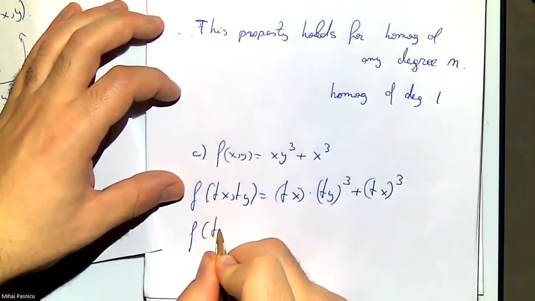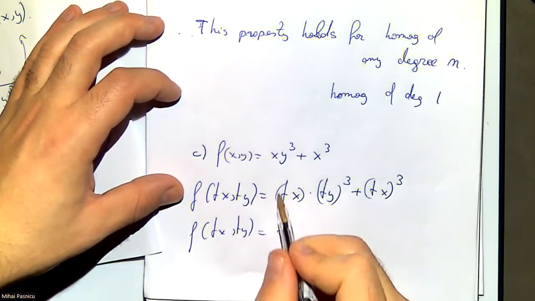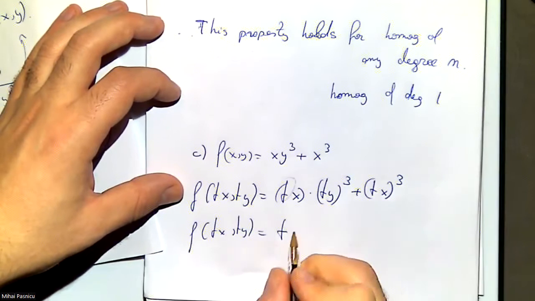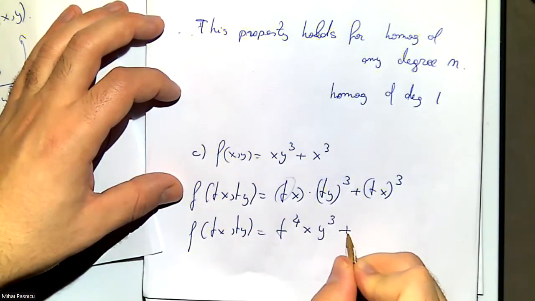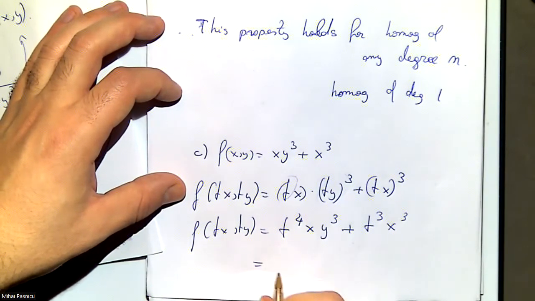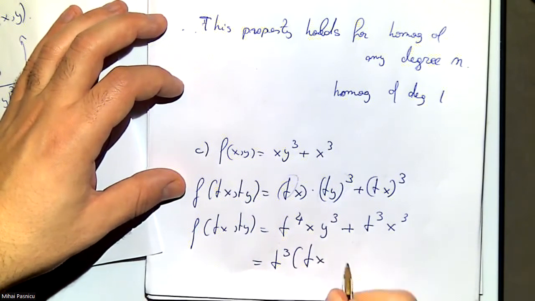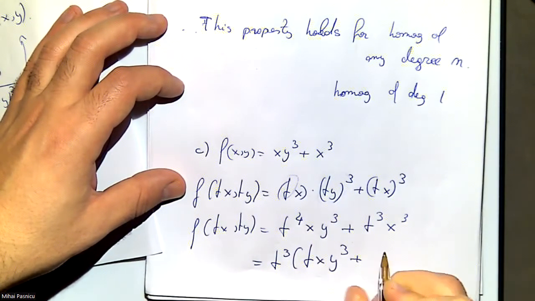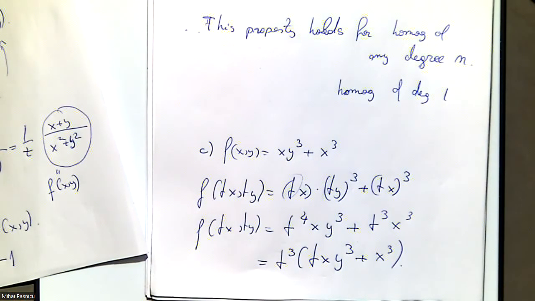Doing some simple computation here, I'm gonna get one t from here, 3 t's from here, so I get t to the fourth, x, y to the third, plus t to the third, x to the third, and I can factor out the t to the third, and I get t, x, y to the third, plus x to the third.